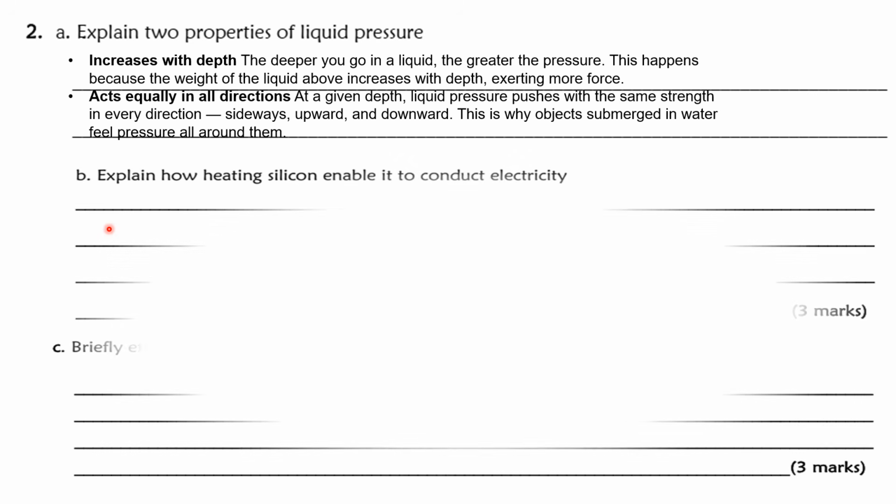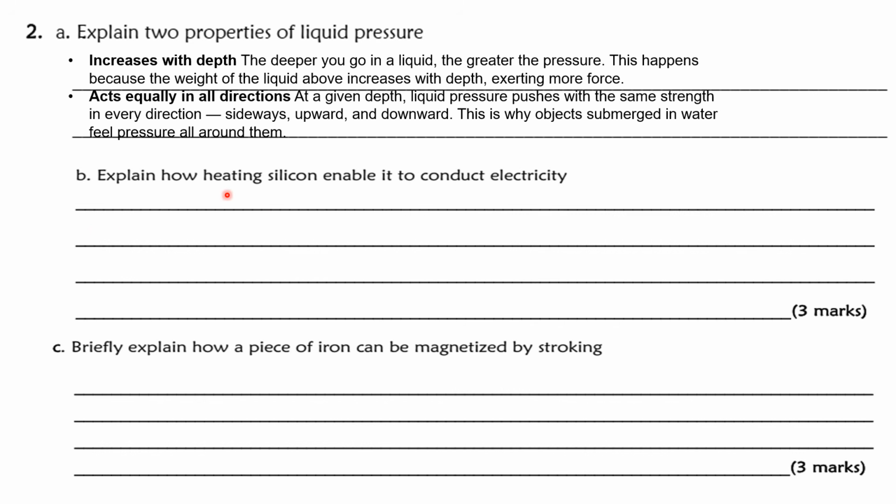Welcome, let us explain how heating silicon enables it to conduct electricity. This is about the band theory. Remember that silicon is a semiconductor material, meaning that its conductivity lies between that of metals and nonmetals.